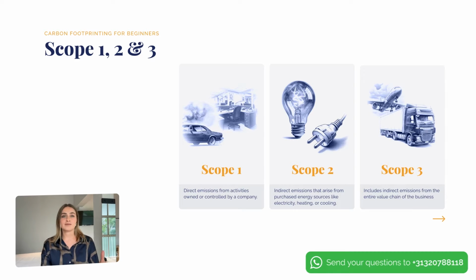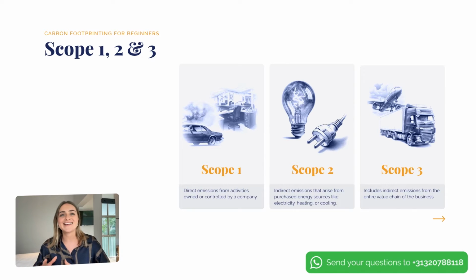So that is scope 1, with gas. Scope 2 covers the indirect emissions that arise from purchased energy sources like electricity, heating, or cooling. Think of your electricity use in your factory or in your office. So scope 2 is everything related to your energy consumption.